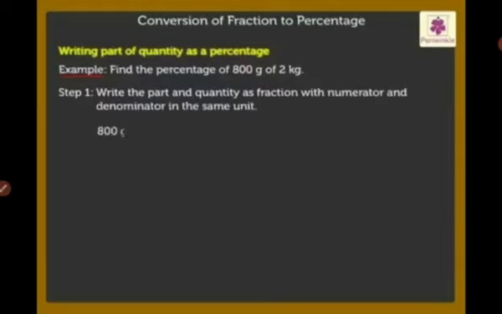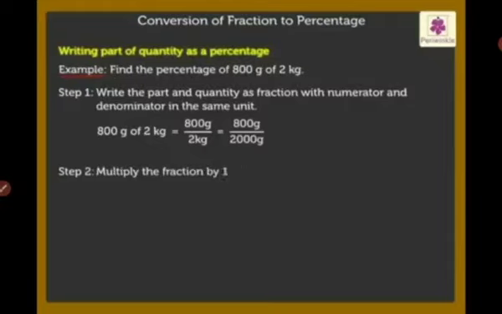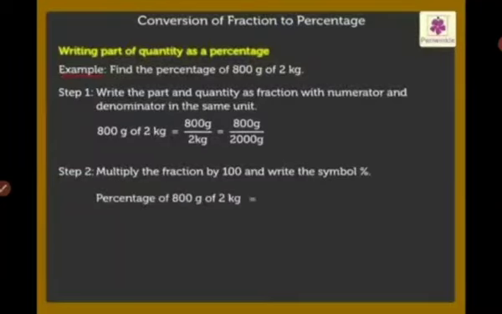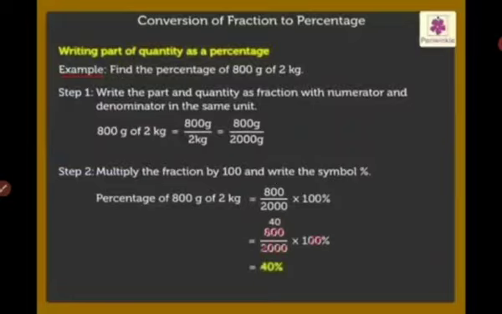Thus, 800 grams of 2 kilograms is equal to 800 grams upon 2 kilograms, which is equal to 800 grams upon 2000 grams. Step 2 is to multiply the fraction by 100 and write the symbol of percentage. Thus, the percentage of 800 grams of 2 kilograms is equal to 800 upon 2000 into 100%. On simplifying, we get the answer as 40%.